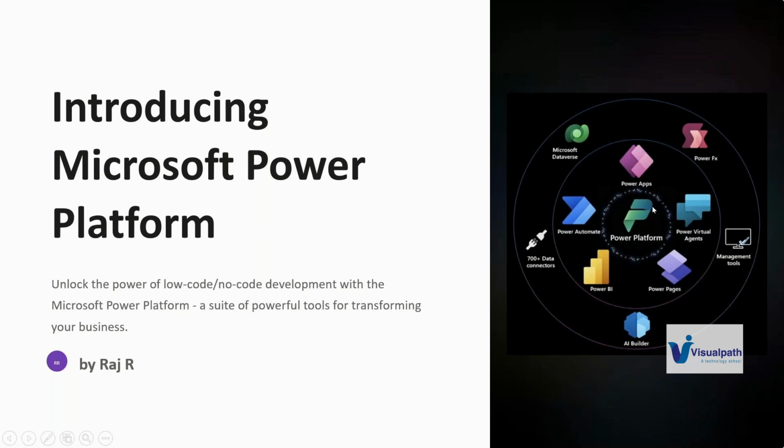Now I'll say what is internal organization and external organization in a while. Now we have one more tool, called AI Builder. This one also we will learn, and we will train our process with the AI Builder.